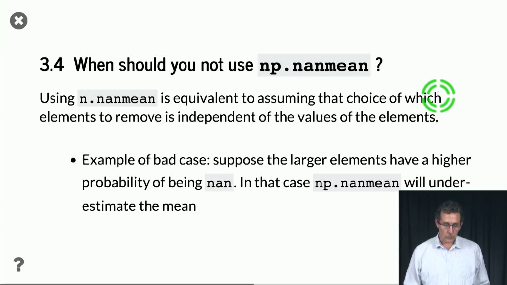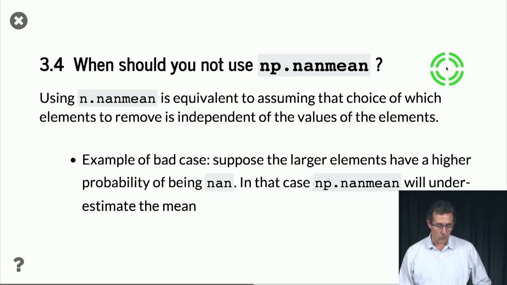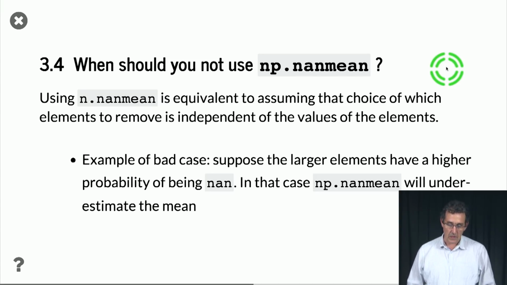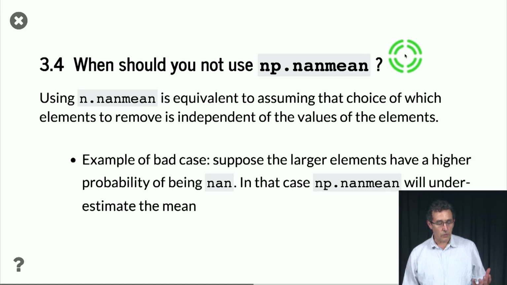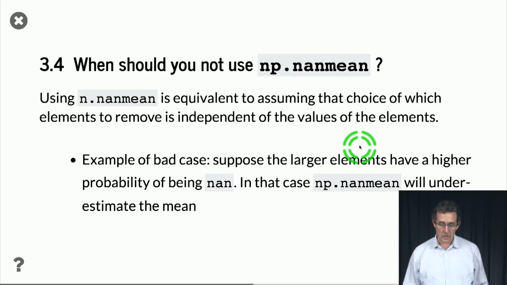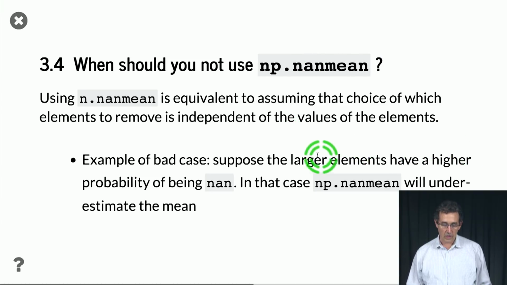So when is this a good idea to do? It's not always, as I said. Sometimes making them zero is better. But essentially, if you think that the process which removed the element is independent of the value of the elements, then it's a good idea. But here is a bad case. Suppose that the larger elements have a high probability of being nan.